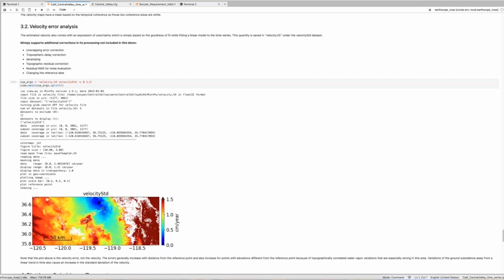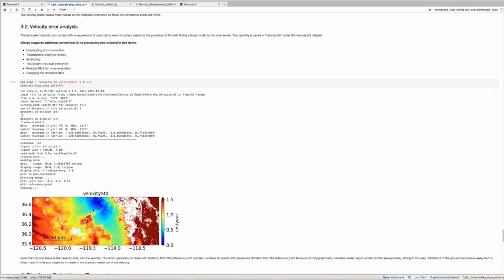The other thing you'll notice is that the errors are smaller close to the reference point, because the atmospheric effects are all set to 0 at that reference point, but the local atmospheric variations tend to increase with distance.